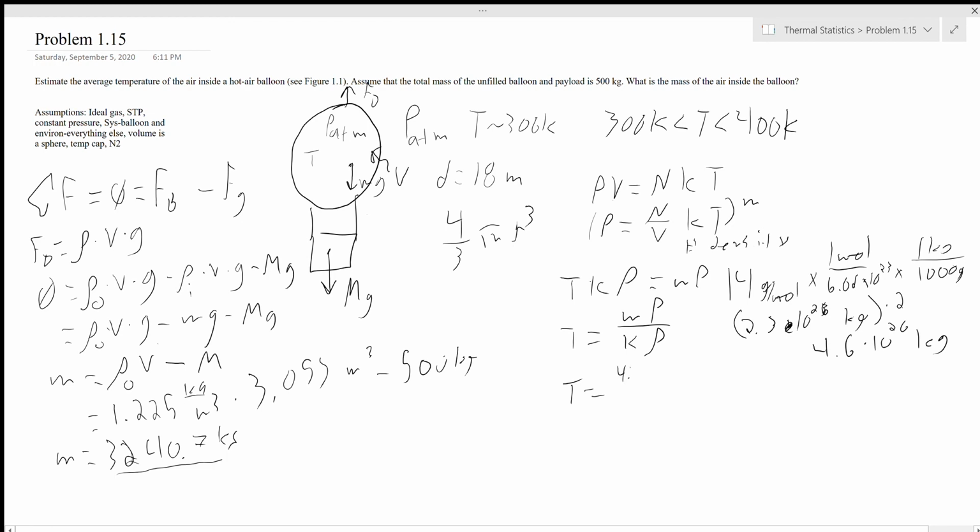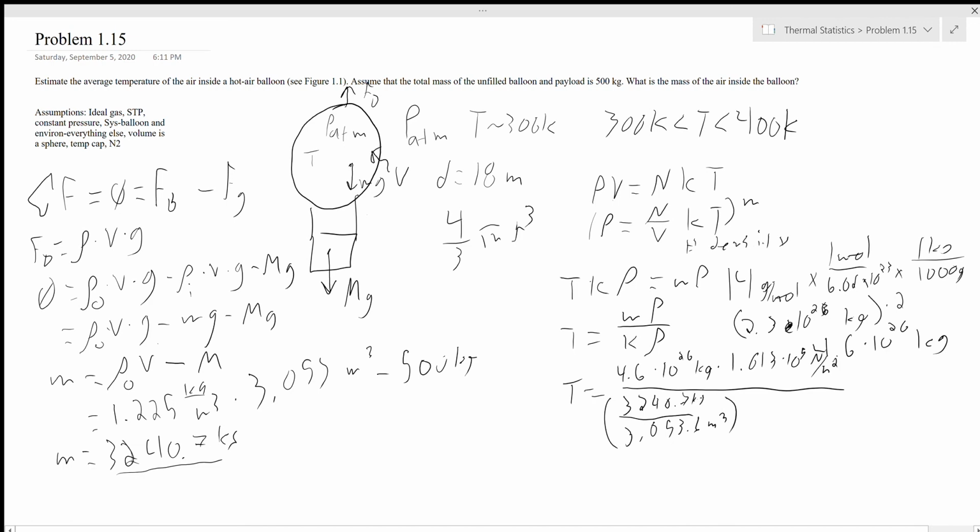So now I can solve for temperature. I get 4.6 times 10 to the 26 kilograms times 1.013 times 10 to the 5th newtons per meter squared, all over this density, which is 3,240.7 kilograms divided by the volume, 3,053.6 meters cubed.